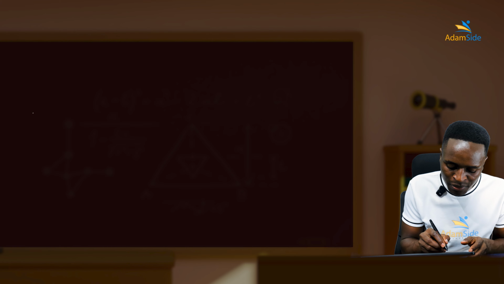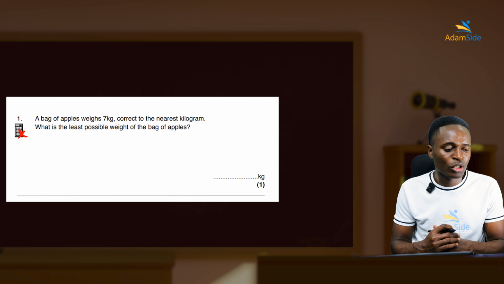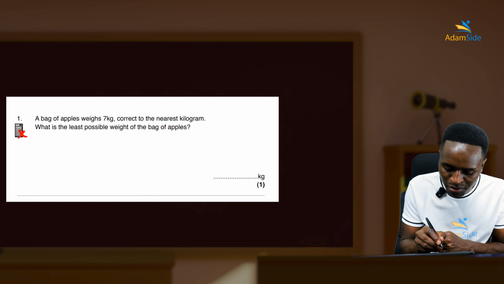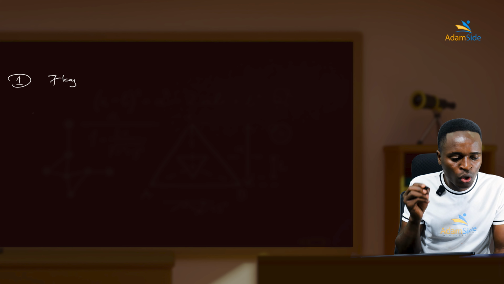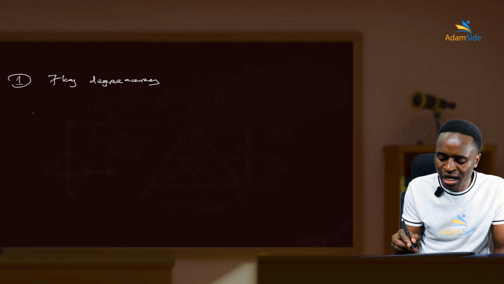Welcome. So question number 1: a bag of apples weighs 7 kg, correct to the nearest kilogram. What's the least possible weight of the bag of apples? The mass is 7 kg, and the degree of accuracy for a whole number is 1 divided by 2, which gives 0.5. That is the limit.